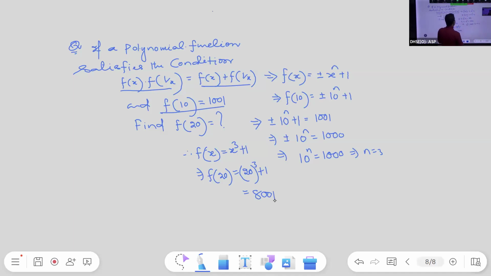Then write down rational polynomial function.